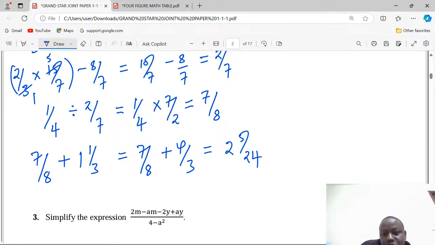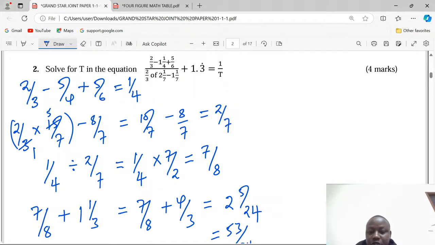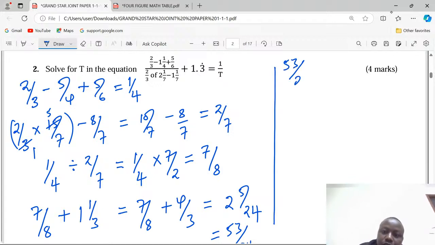Now, 2 and 5 over 24 can be written as an improper fraction, which is 53 over 24. And now at this point, we can wind up by equating with 1 over t. So 53 over 24 is equivalent to 1 over t.